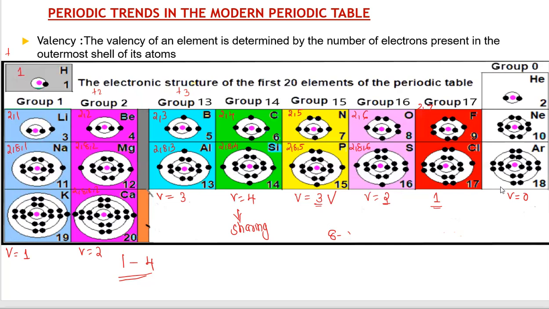How to find out? 8 minus 6 is 2. So valency is 2. Fluorine, chlorine, number of electrons is 7. How to find out valency? 8 minus 7 is 1. Now, here, neon, argon, number of electrons in the outermost shell is 8. So valency is 8 minus 8, that is equal to 0.